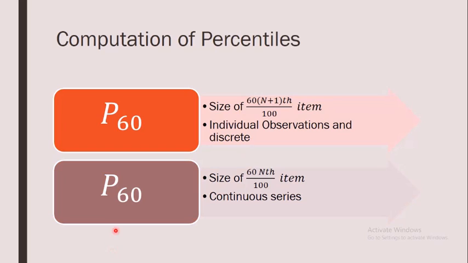Now we move on to percentiles. For P60 in a discrete scenario, it is 60 by 100 into (n plus 1)th item, and 60 by 100 into nth item in the case of a continuous series.